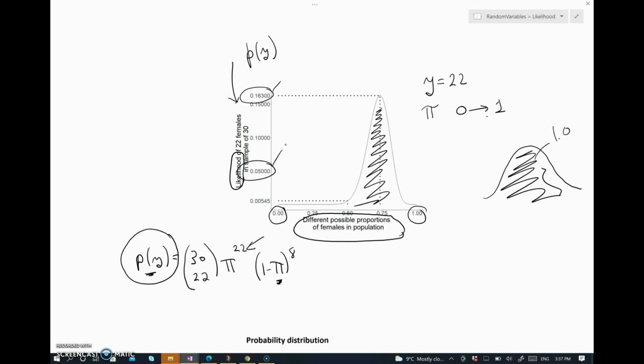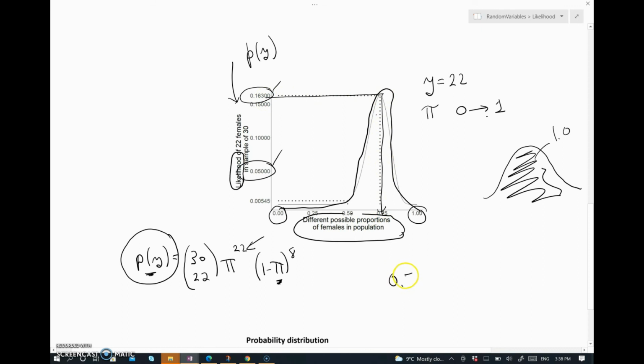On the other hand, the relative size of these things can be fairly informative. So if we look at our likelihood function, we can see that it's maximized here at a value of 0.733, which is equal to 22 over 30, which is not terribly surprising, because what this is telling us is, in the absence of any other information, the most likely estimate of the population parameter pi is obtained by the data, 22 out of 30 being females.